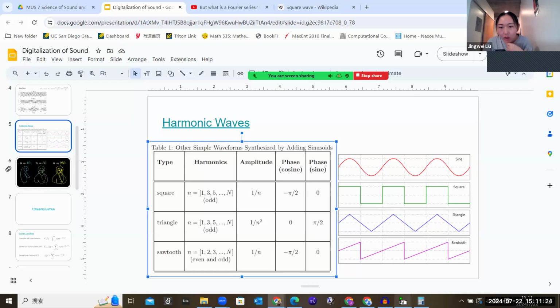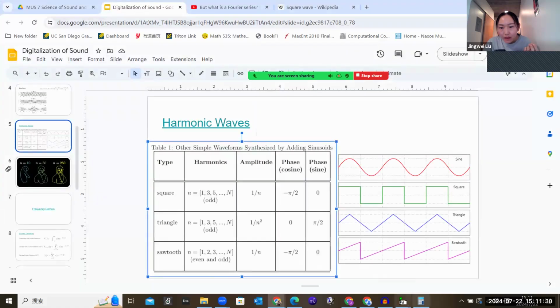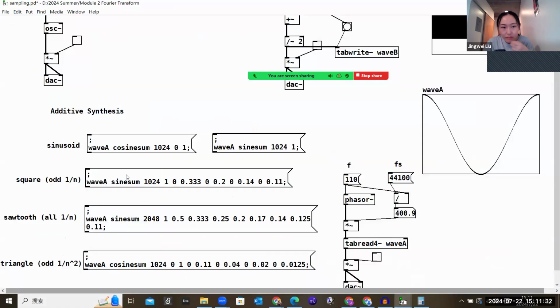Therefore, how do we calculate this? Here we are using sine waves, and you can see all the even harmonics are 0. So 2 is 0, 4 is 0, 6, 8.